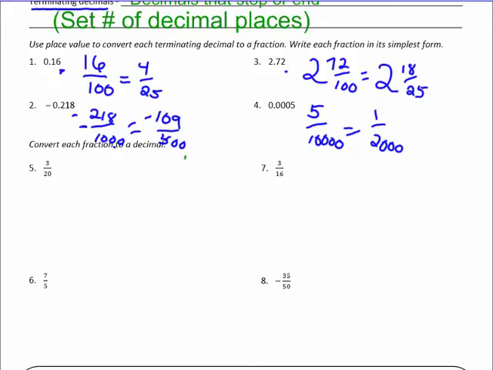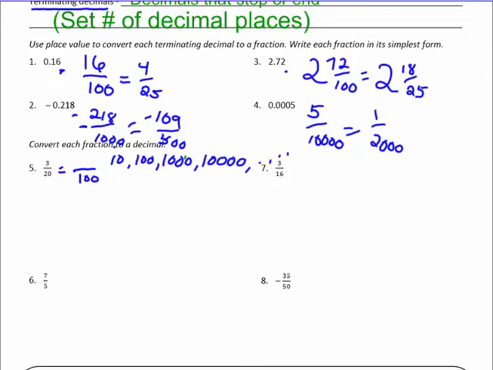I need my denominator to be 10, 100, 1,000, 10,000, and so on, because these are my place values. So I know 20 goes into 100. 20 doesn't go into 10. 20 goes into 100, so I'm going to rewrite my fraction with a denominator of 100.